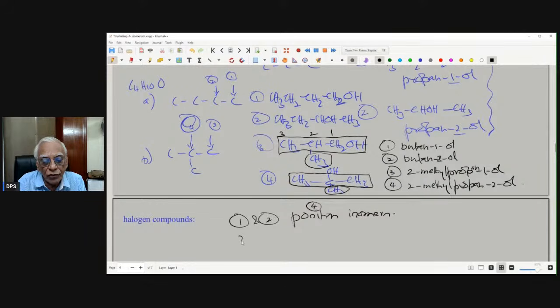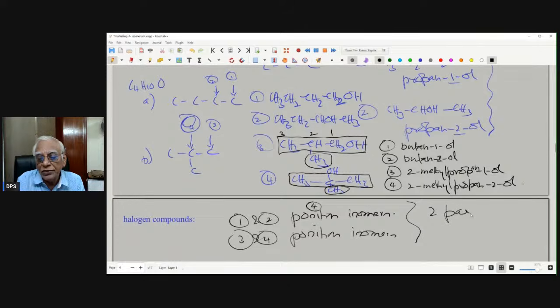What about 3 and 4? You can pair them together. Same name, number alone. Again, a second pair of position isomers. So there are 2 pairs of position isomers.